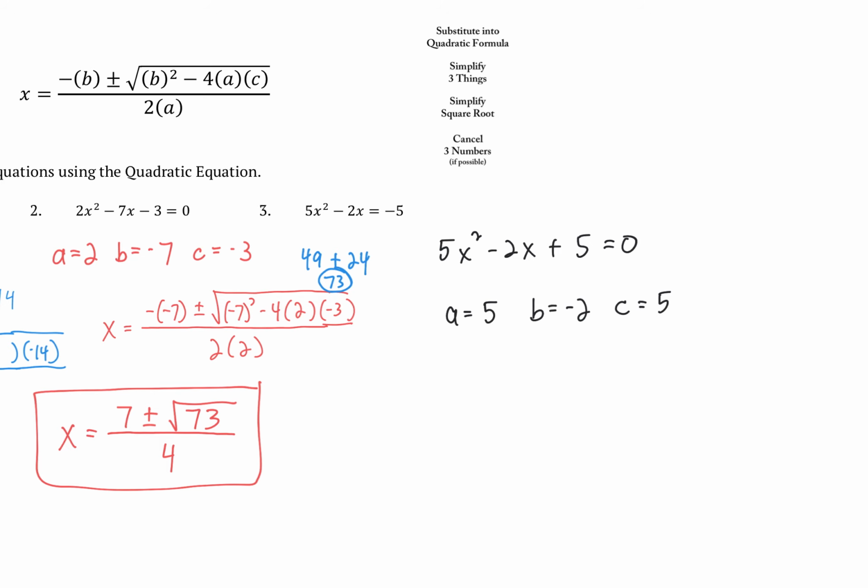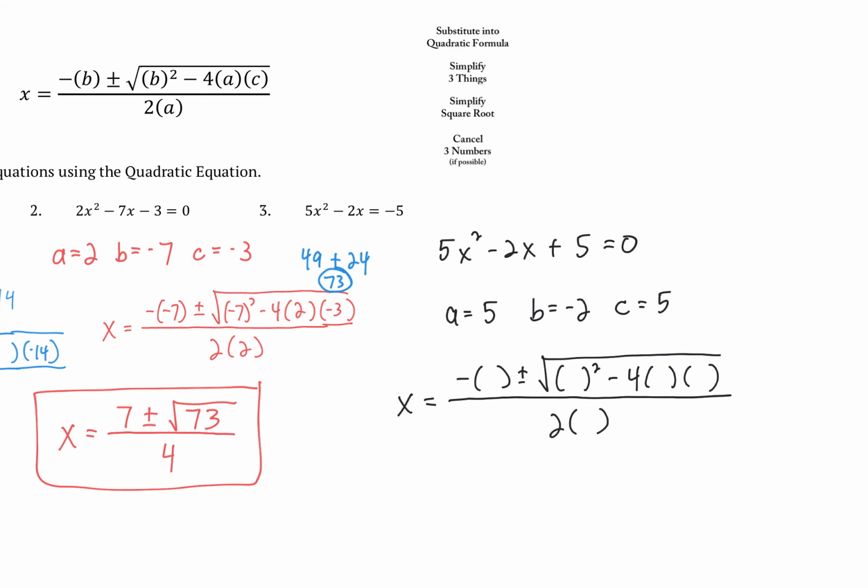Next we'll substitute into the formula: negative b plus minus square root b squared minus 4ac over 2 times a. So b is negative 2, so those go here and here, like from the formula.